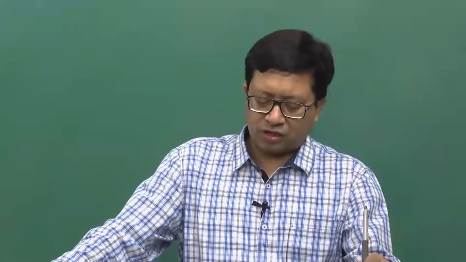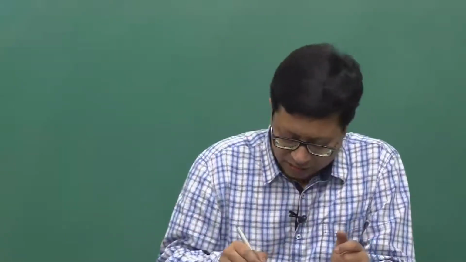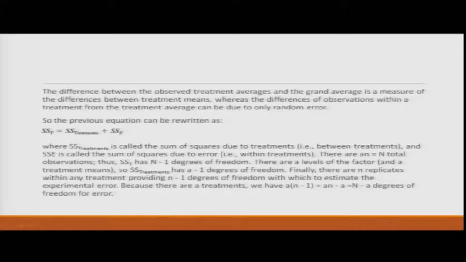So the previous equation can be written, and I will change the ink color, as: the sum of the squares has two parts, the sum of the squares for the treatments and the sum of the squares for the so-called errors. SS treatments is called the sum of the squares due to the treatment, that is between the treatments, and SSE is called the sum of the squares due to the errors.